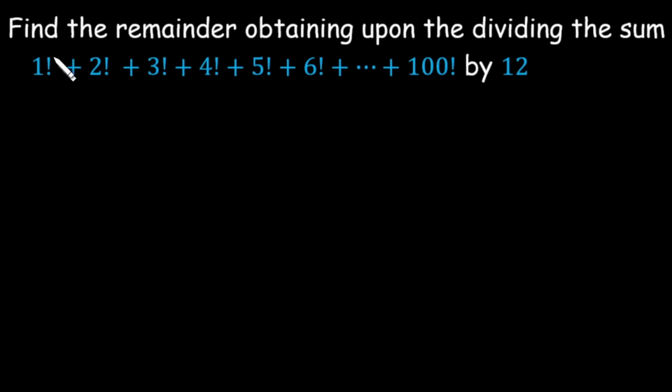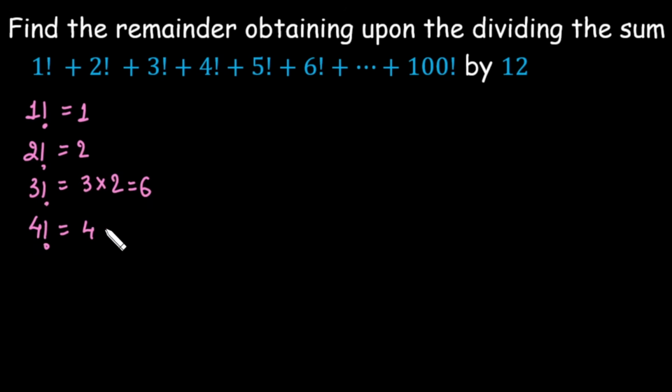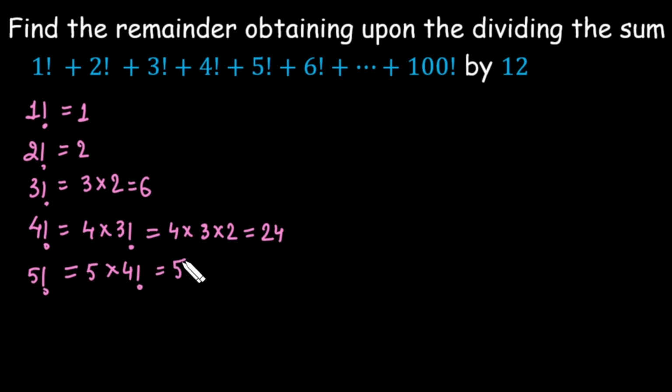We just need to figure out 1 factorial is equal to what? 1 factorial is 1. 2 factorial is 2. 3 factorial is 3 into 2, which is 6. 4 factorial is 4 into 3 factorial, or we can write 4 into 3 into 2, that is 24. 5 factorial is 5 into 4 factorial, and we can split this one as 5 into 4 into 3 into 2 into 1.